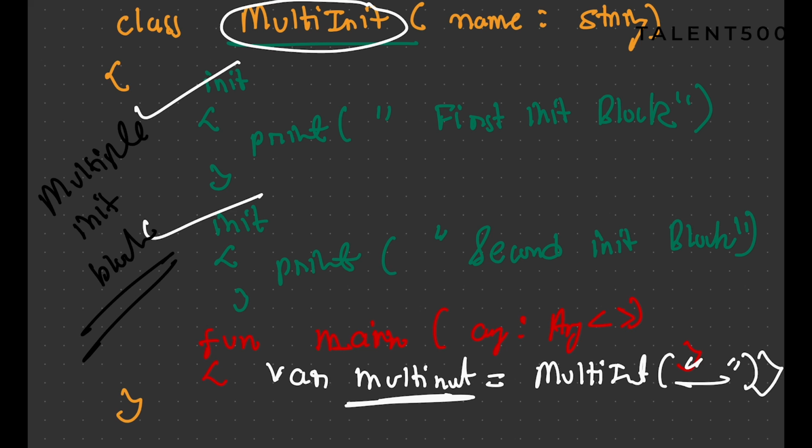An interviewer might ask you: can we write multiple init blocks in a class in Kotlin? Obviously the answer is yes. The init block is the first to be executed whenever the class is instantiated, and we can create two init blocks inside the same class in Kotlin.